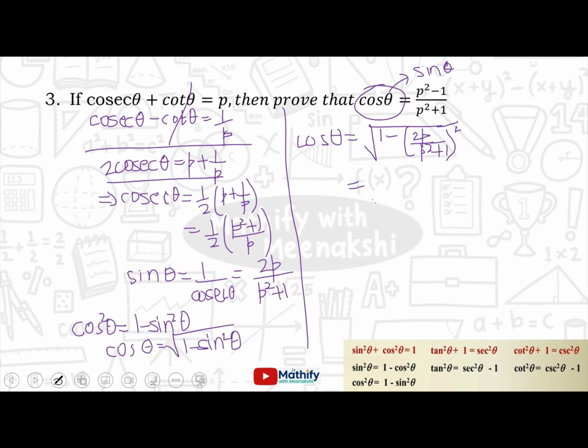Now just take the LCM. You will write p square plus 1 whole square minus 2p square, over p square plus 1 whole square. Now just solve this.